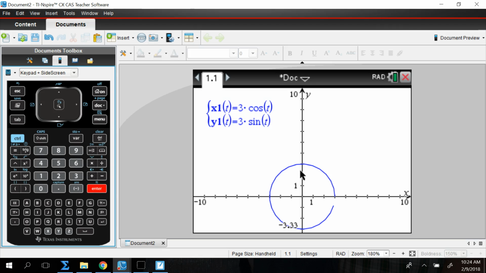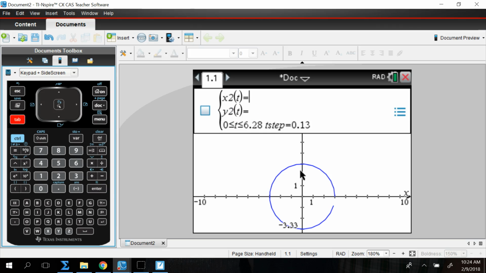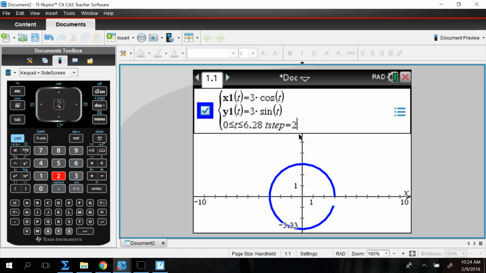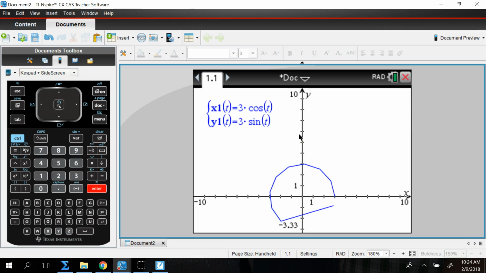Okay. What if we went a t-step of 2? Okay. And then it gets all funky there at the end.